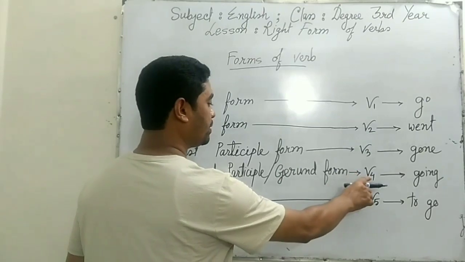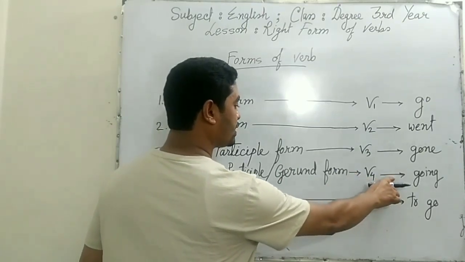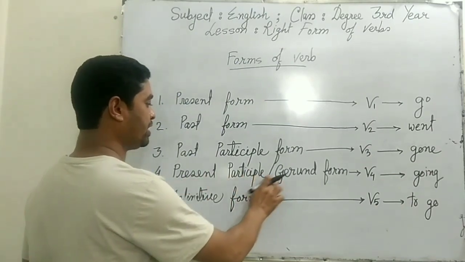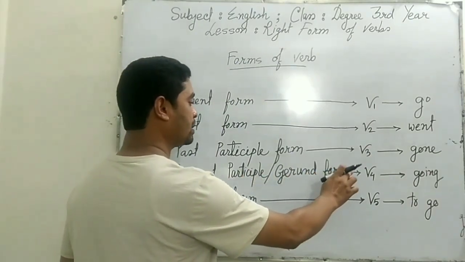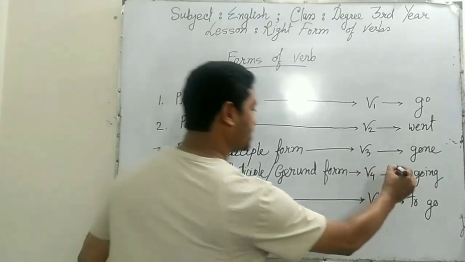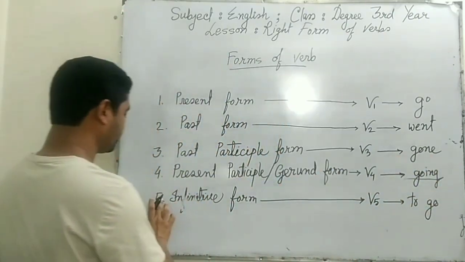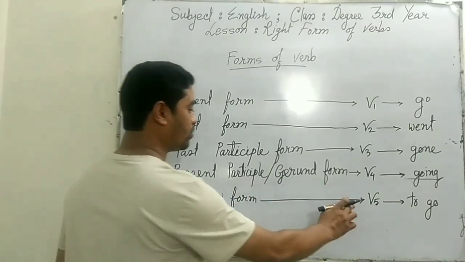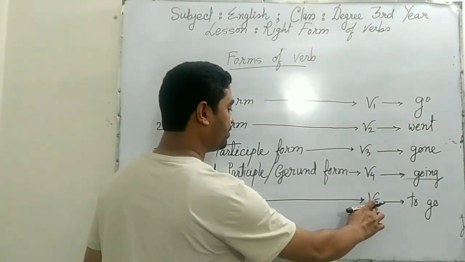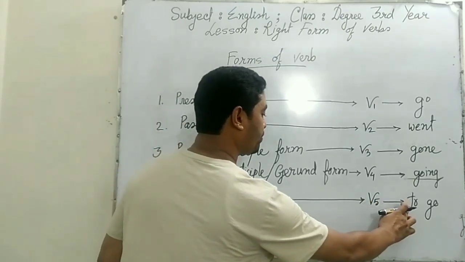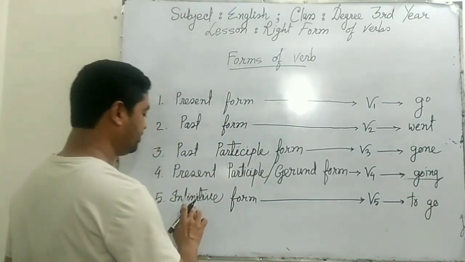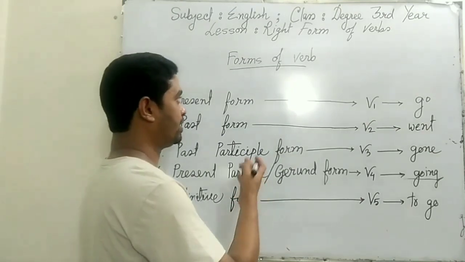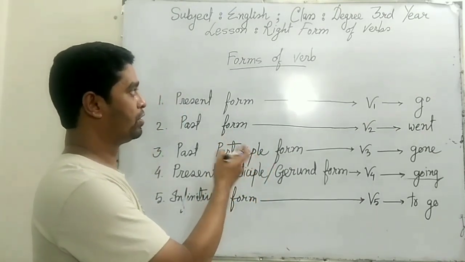We can say it V4. For example, going. Present participle or gerund form means verb plus ing. Number 5, infinitive form. We can say it V5. For example, to go. Infinitive means to plus verb. There are several forms of the verb.